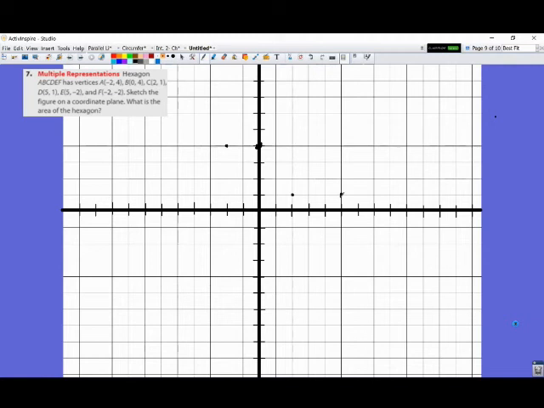And we've got 5, negative 2 right here. And negative 2, negative 2 right here. Well, that's kind of a weird shape, okay? That's kind of a weird one.